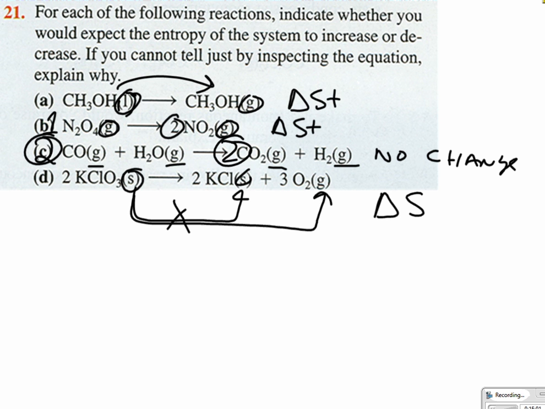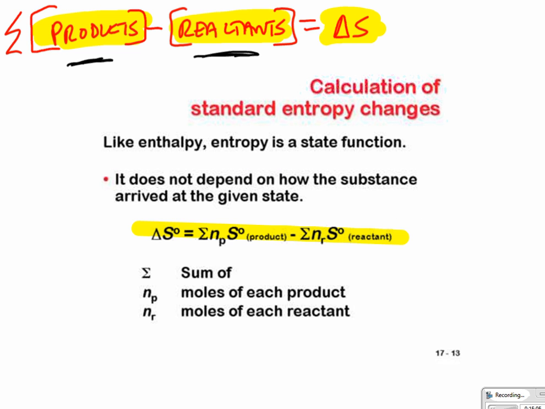All right, one thing we can do is calculate delta S. When we calculate delta S, what we do is sum the products using the stoichiometric coefficients, sum the reactants, and then subtract them. It's very similar to delta H. You're going to use the coefficients and all that. The one key thing that you need to keep in mind is everything has an S value.